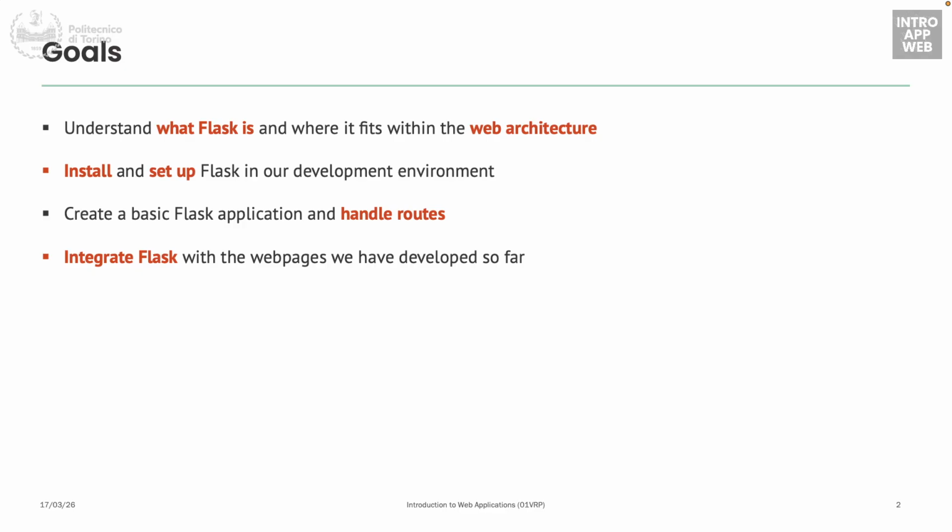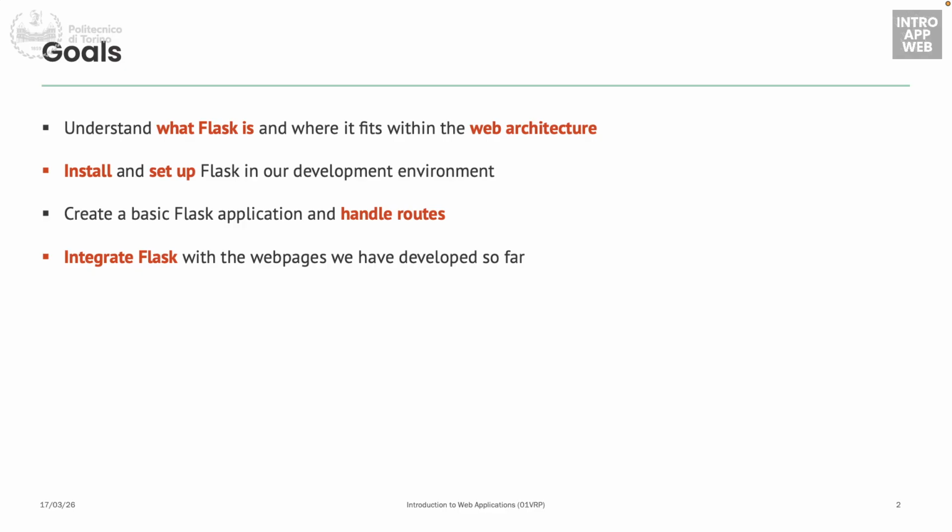What do you think the routes might mean in this context? Do you have any clues on what a route might be? Have you seen that when you open a website, a web application, you make a request by means of the URL, right?